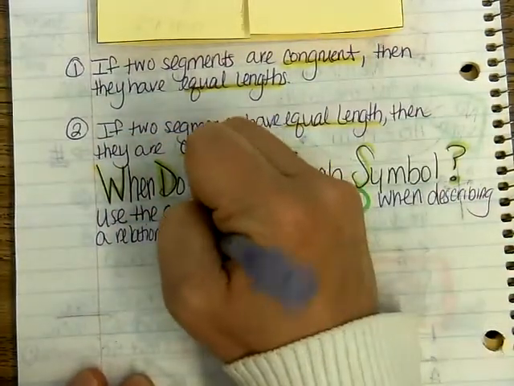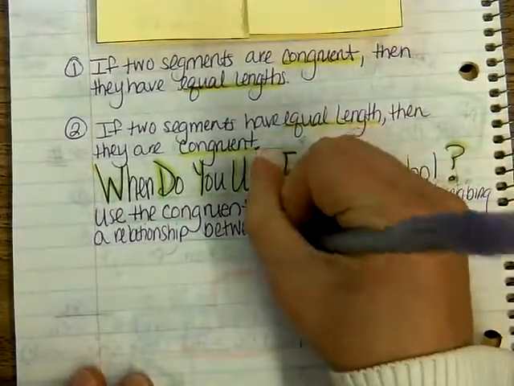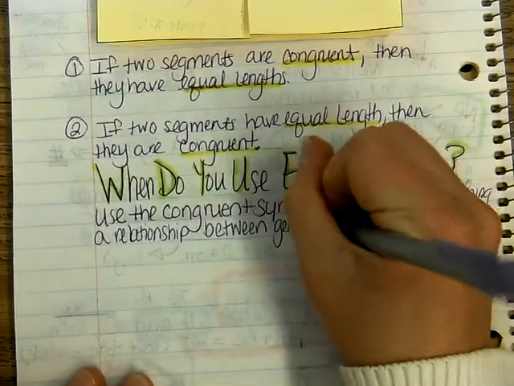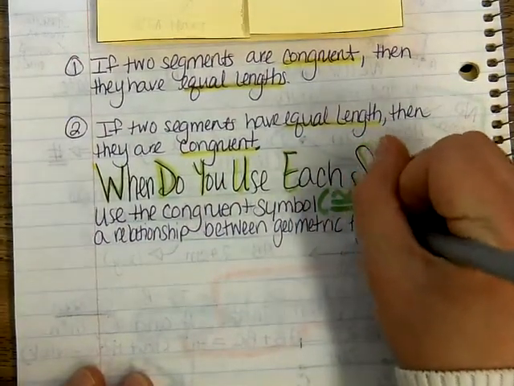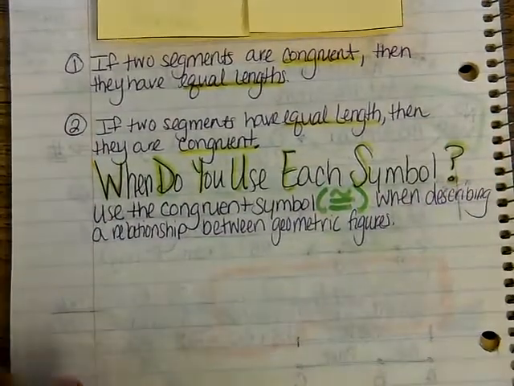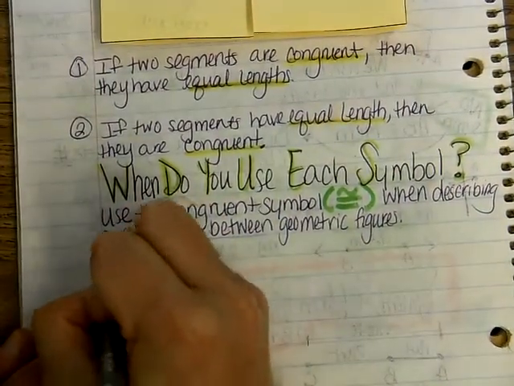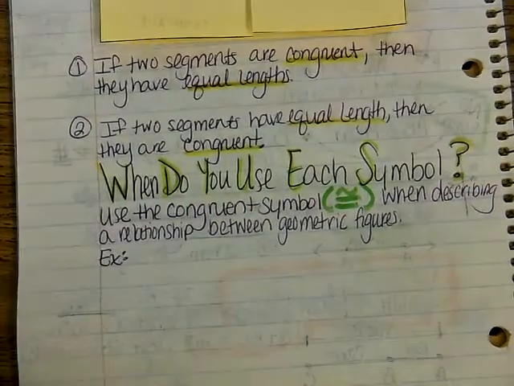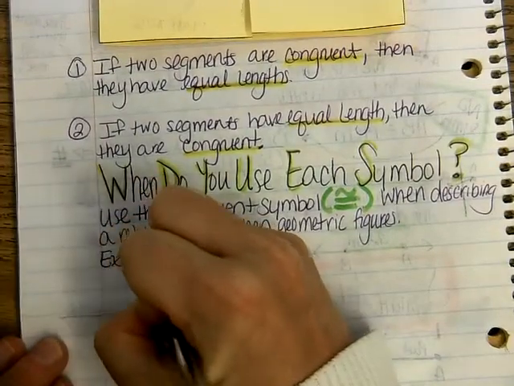between geometric figures. So, for example, something you might see would be two segments that are congruent.